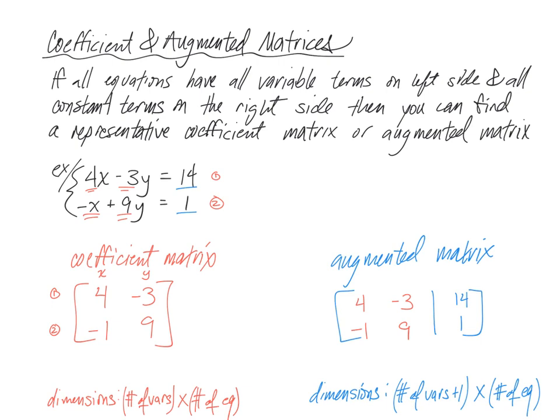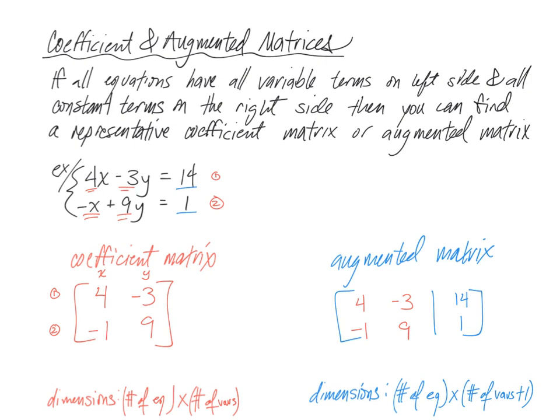And lastly, the coefficient matrix is not always going to be square. It generally will be square, but the number of rows would be equal to the number of equations, and the number of columns would be equal to the number of variables that you have in your system of equations.